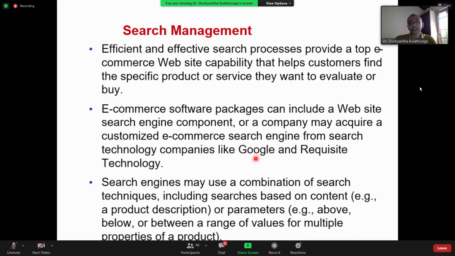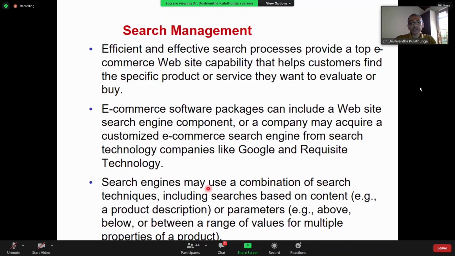Because they are experts in this field, you may get a more comprehensive searching facility in your e-commerce site from such a specialized company. Therefore, those can be two options available to embed the searching facility into the existing e-commerce system.